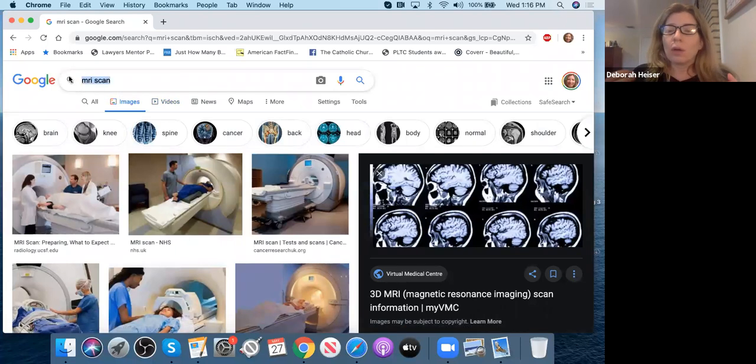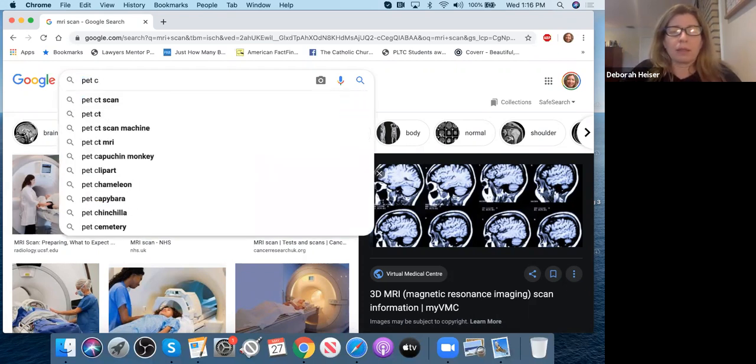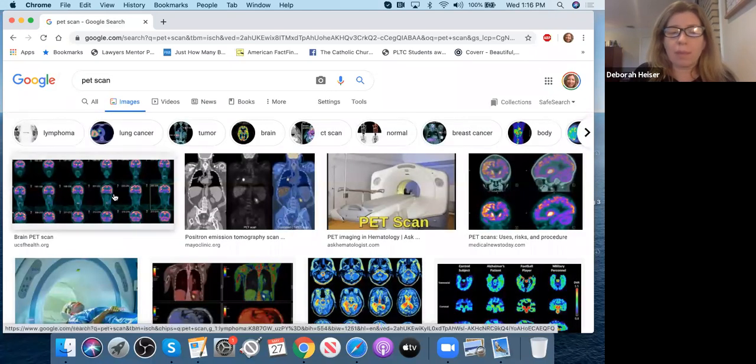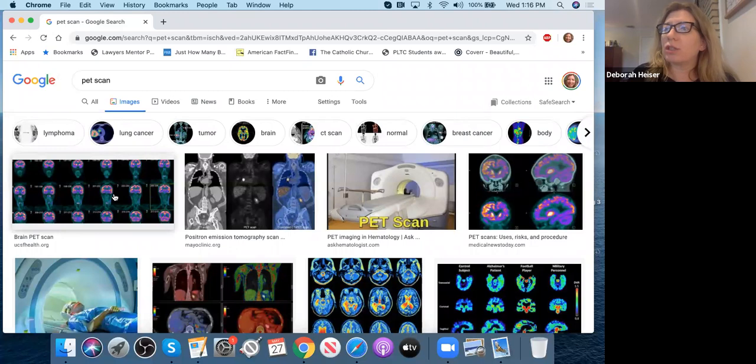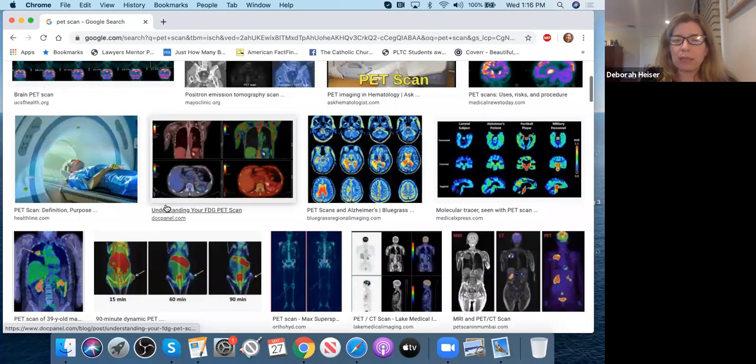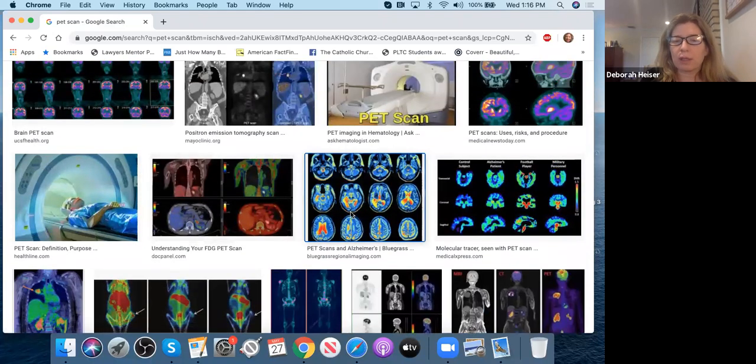So what's another thing that we have? We also have the PET scan. Now this also has radiation involved, where a radioactive substance, a dye, is injected into the bloodstream, and you're able to get these really amazing images of the brain.